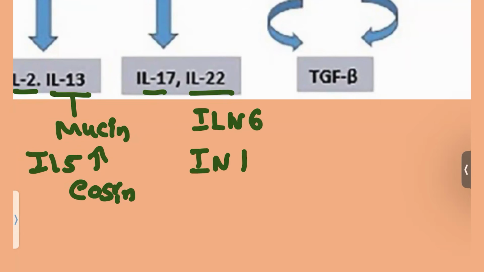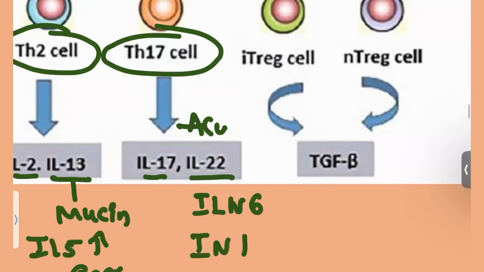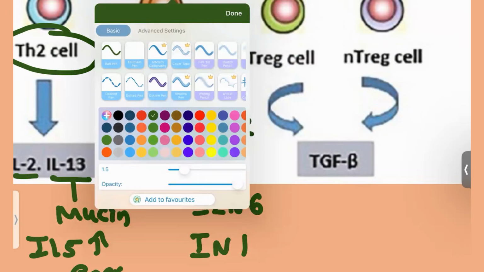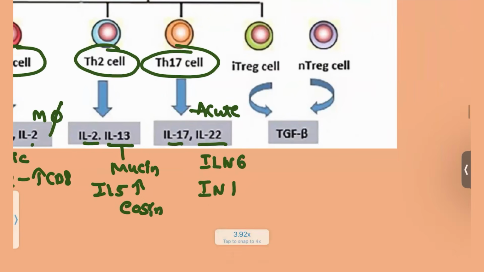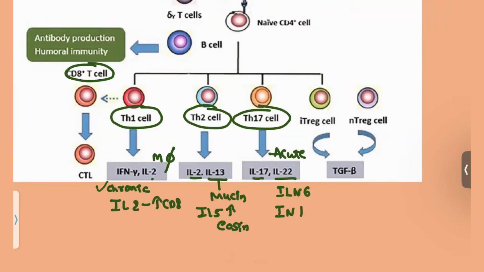These are present in the T helper 17 cells. All these are important for acute inflammation. This one is for the chronic, this is for the allergic, this is for the acute type of inflammation.